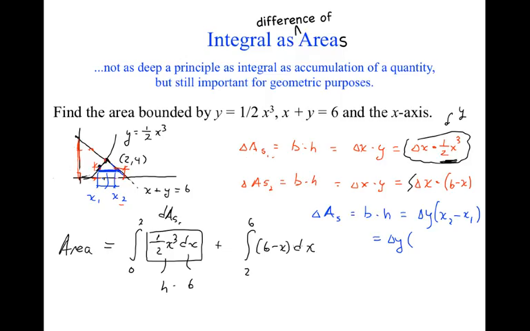It's the line's x coordinate in terms of y, which is 6 minus y. So this is our x2 now for this blue strip. That's x2 right there, so x is 6 minus y. And then minus x1, that's the x coordinate for the curve. So you're going to have to solve for x. Do you see this? So x1 is this thing solved for x in terms of y. So it'd be 2y cube root.